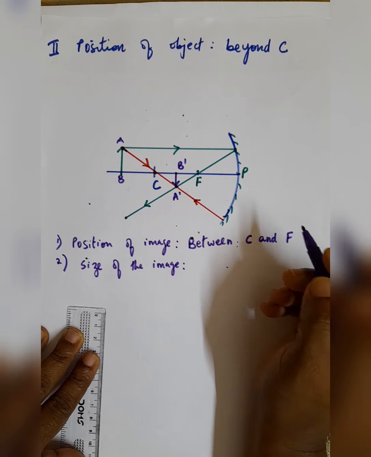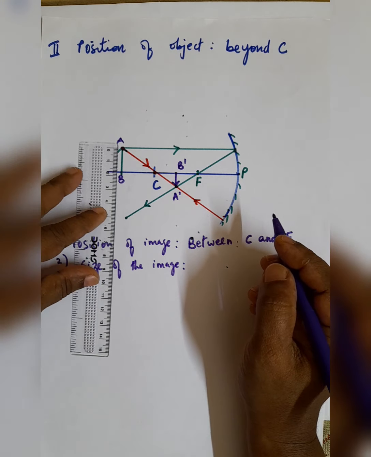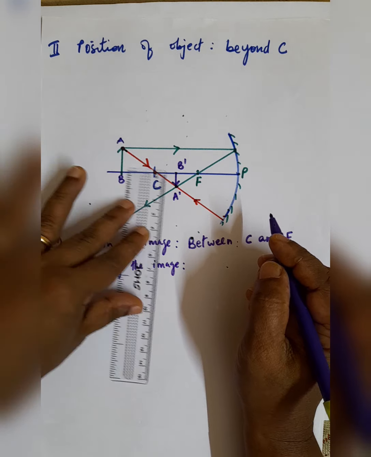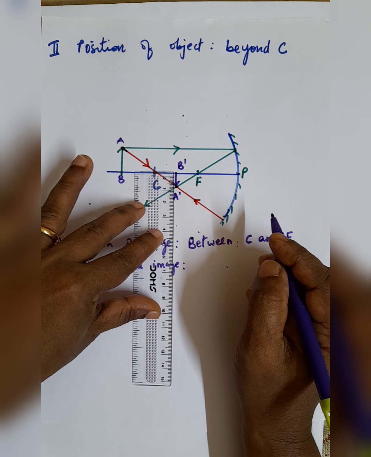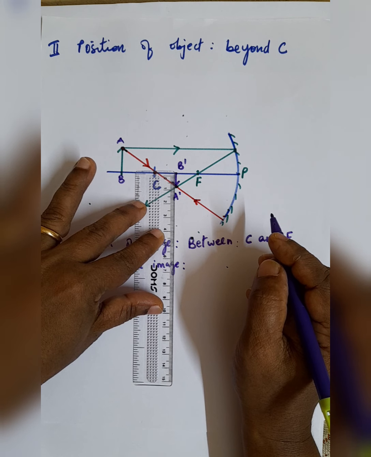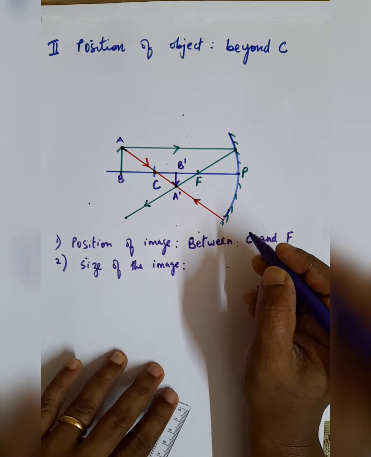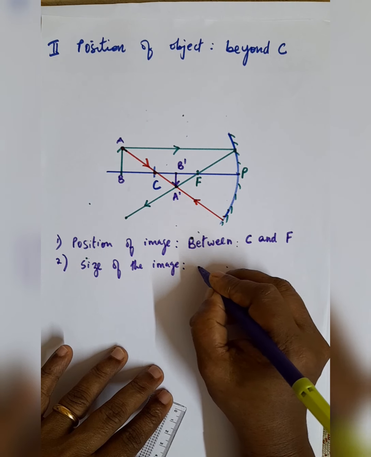You can see it in your diagram. See, the size over here was 1.5 centimeter and the image that I obtained is very small, less than 1. So the size of the image is diminished.